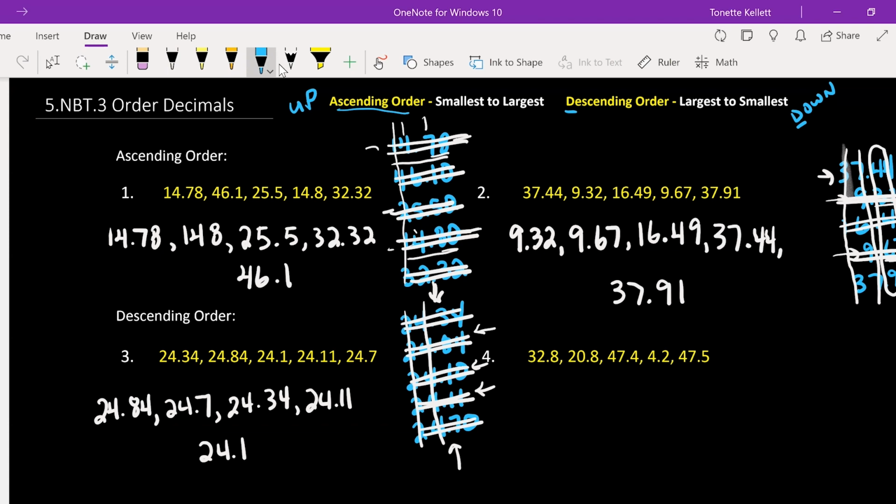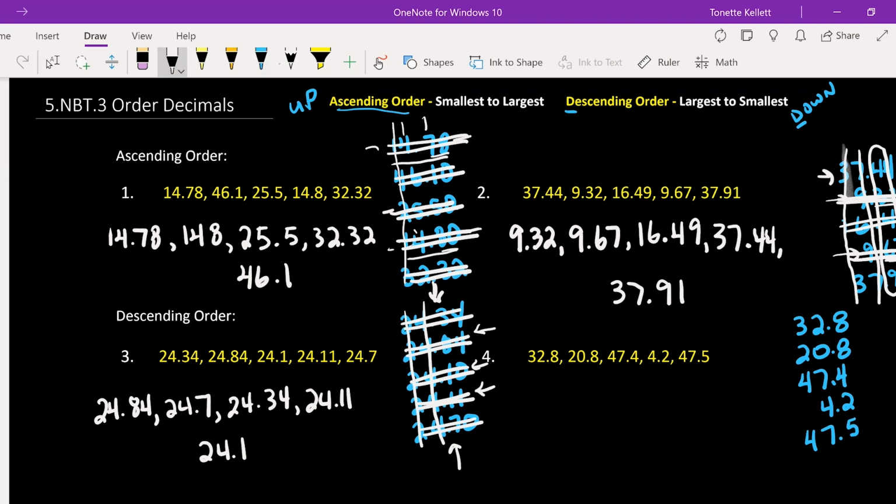There's one last one to do. We'll line these decimals up: 32 and 8/10, 20 and 8/10. We don't have to add a 0 because they're all in just the 1/10 place. 47 and 4/10, 4 and 2/10, 47 and 5/10.